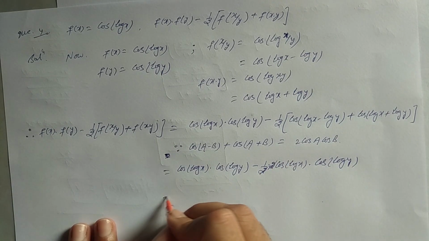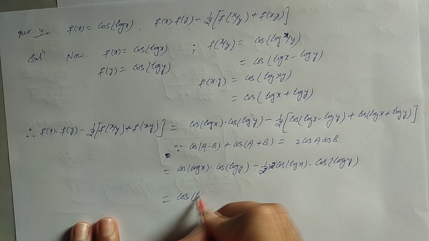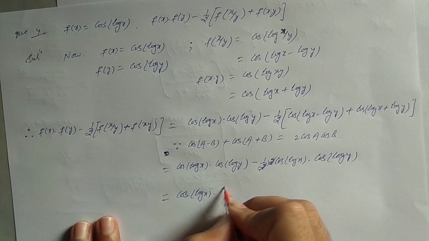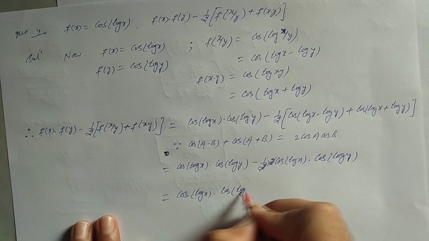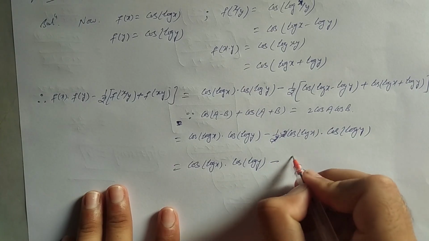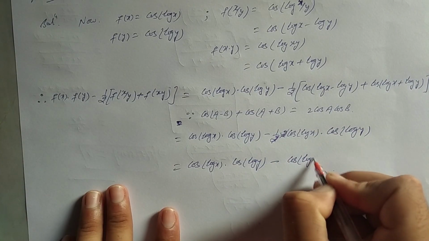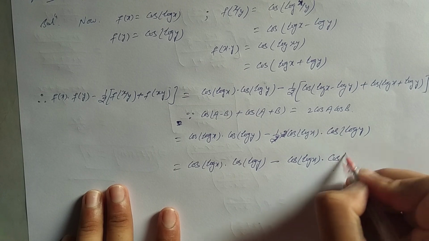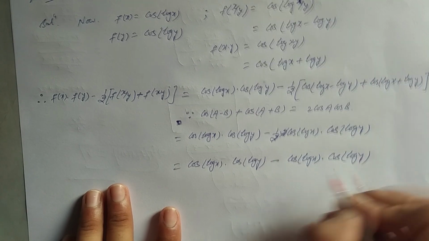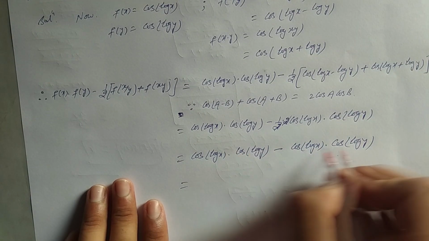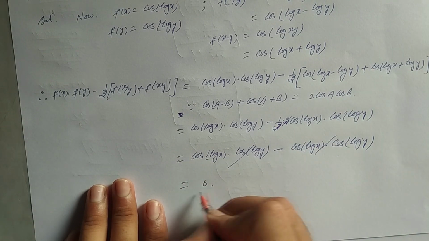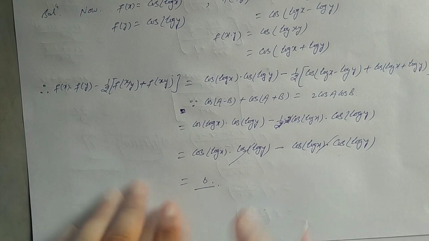The 2 cancels out, so it is cos log x into cos log y minus cos log x into cos log y. The same terms cancel out, which is equal to 0. That is the answer.